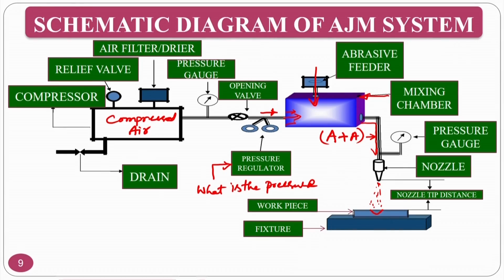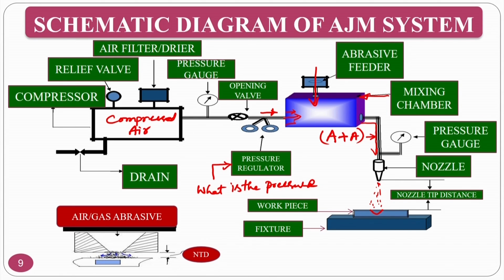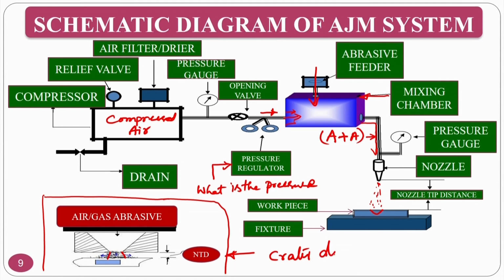Now, once the crater or a cavity is generated, you can measure the crater diameter and other things. If you see this particular diagram, what you have seen in the previous one is just shown in a schematic way. The abrasives are falling on this, and it will generate the crater, which has two parameters: crater diameter and crater depth.